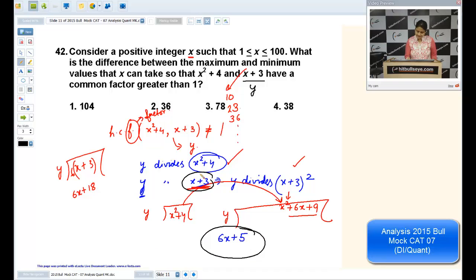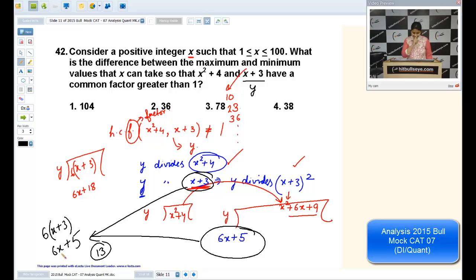Y is dividing x plus 3 as well. To eliminate x, if y is dividing x plus 3, it will divide 6 into x plus 3 as well. Already it is dividing 6x plus 5. If y is dividing a and b, y will definitely divide a minus b. So we'll take the subtraction part. It will be 13. That's why we are taking this. Is it okay for now?